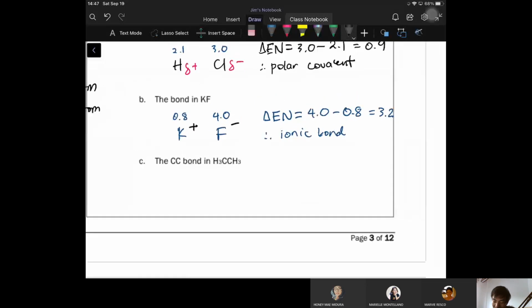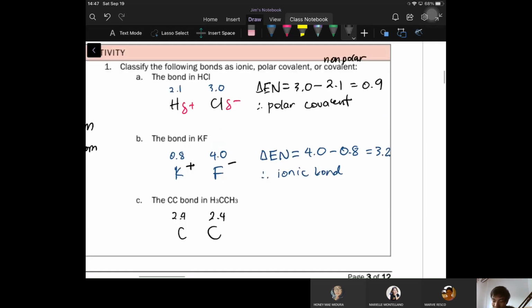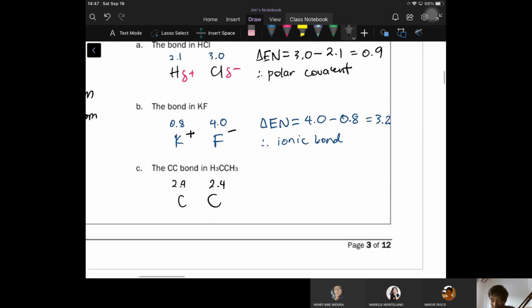The CC bond in C2H6. Meaning yung carbon-carbon lang. Kayo, hula kayo. Ano kaya yung electronegativity difference niyan? Pag parehas na atom yan, 0 yung difference. Siyempre, parehas lang yan ang electronegativity. Carbon is 2.4? Pala.